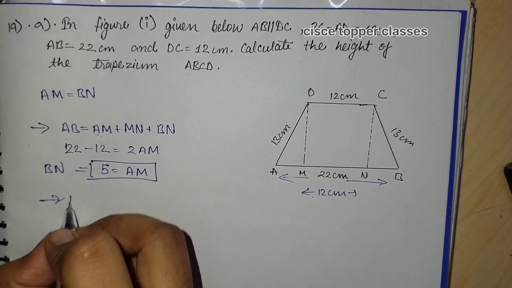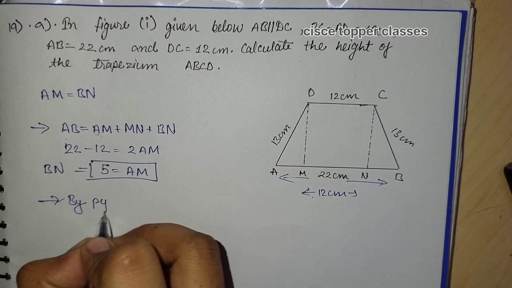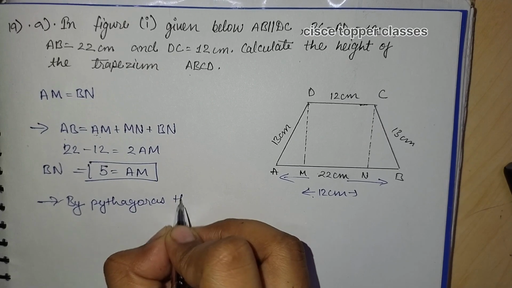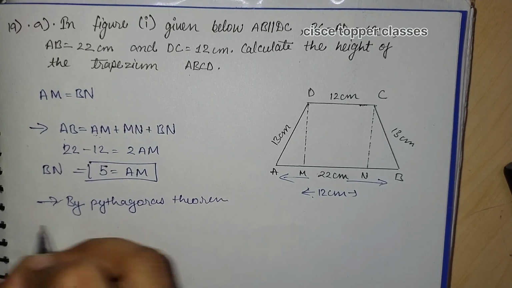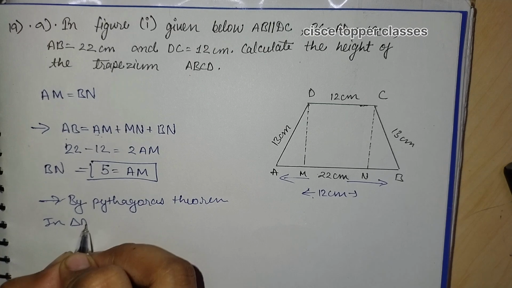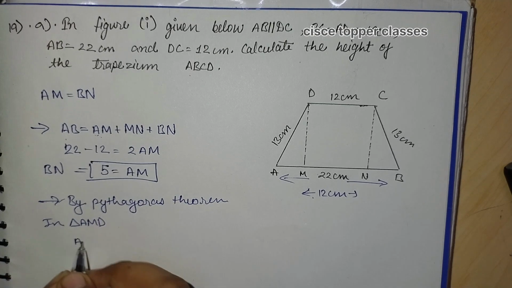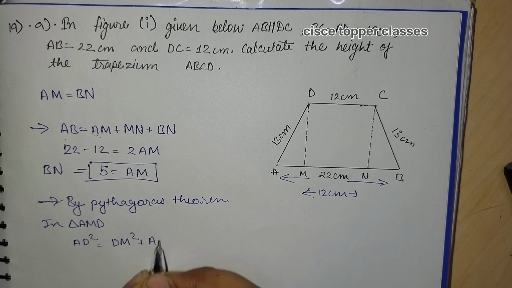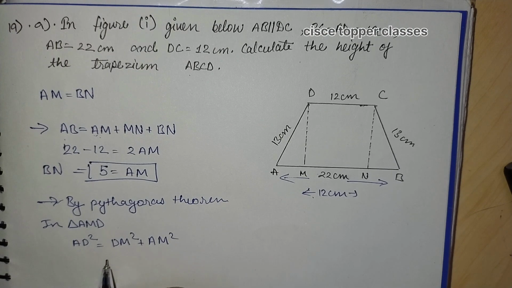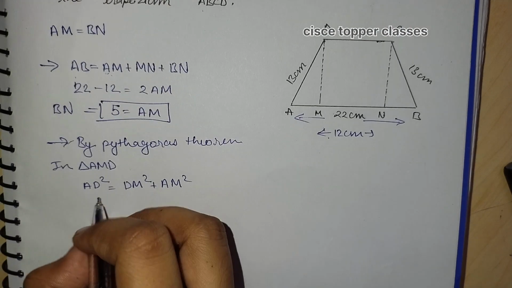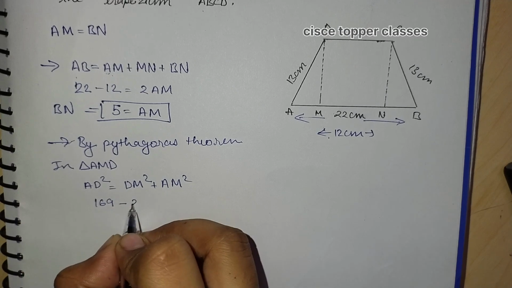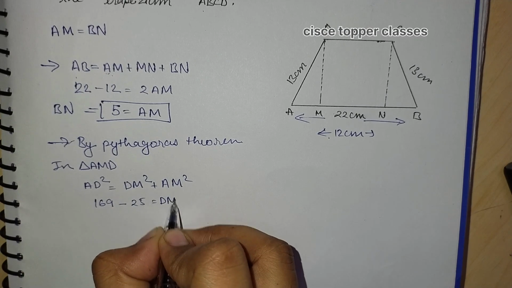So here we will use the Pythagoras theorem to find DM. Firstly we will take the triangle here. In triangle AMD we can write AD square is equal to DM square plus AM square. We will put the value. So here we have AD as 13 centimeter, which will be 169 minus 25 equal to DM square.